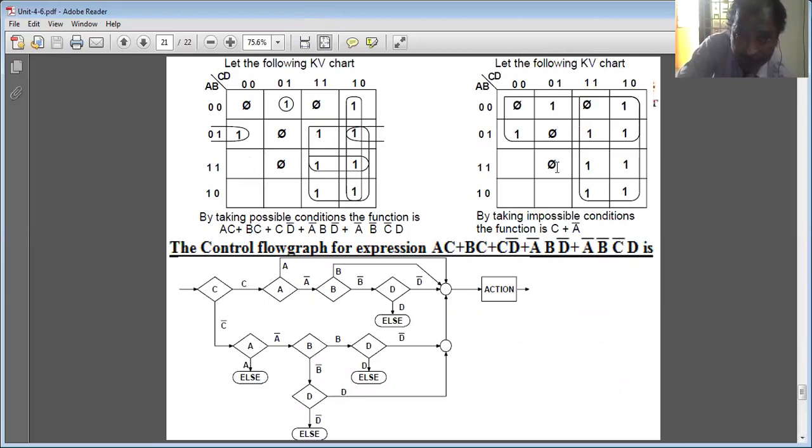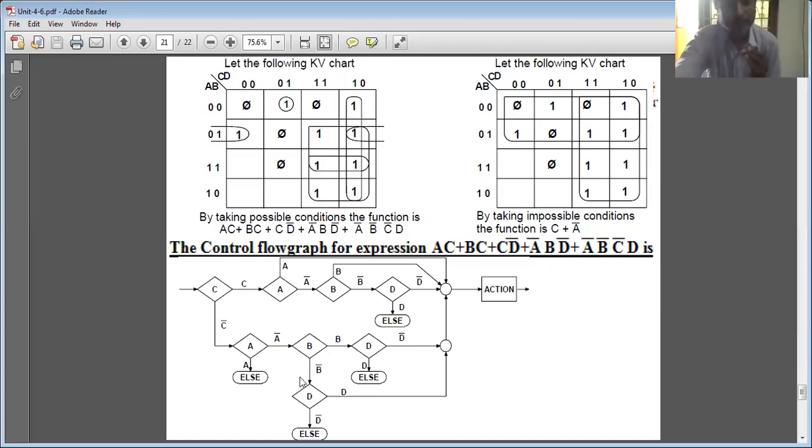Similarly, for the following one, you have to take the phi and replace. By taking impossible conditions, the function is, for all these 4, you can consider one, that is A bar. For all these 4 conditions, it is nothing but C plus A bar. It is multiplication, it is addition.